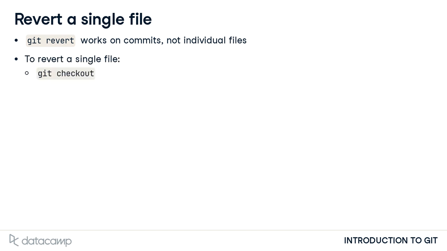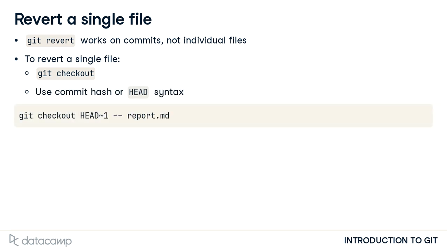We use git checkout. It is a versatile command, which, in this scenario, allows us to check out one or more files from a specific commit, again using the commit hash or head syntax.